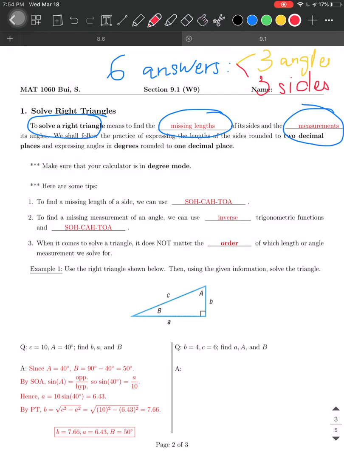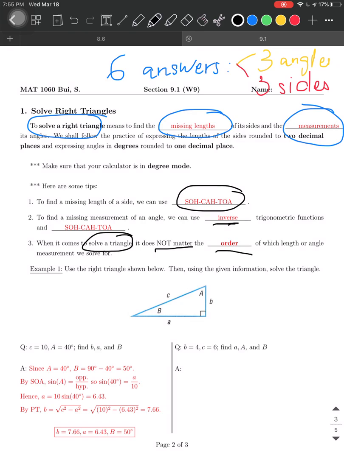Okay, so here are some tips before we jump into the example. You need to memorize SOHCAHTOA. That's your biggest tool in here. Inverse functions, you guys will see in the word problem on the next page, but keep in mind that you have to use them. And when it comes to solving a triangle, it really doesn't matter the order in which you find things.